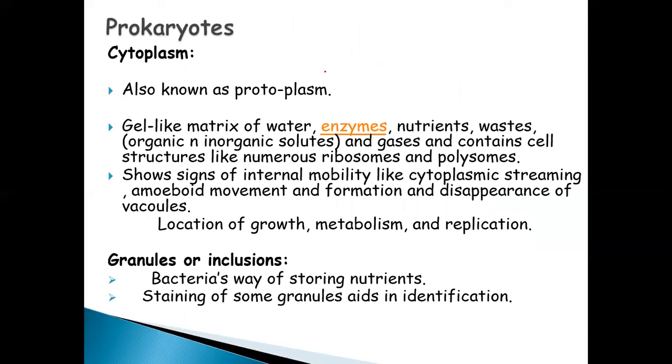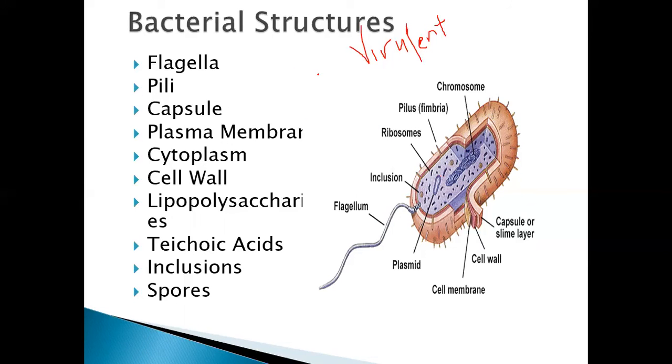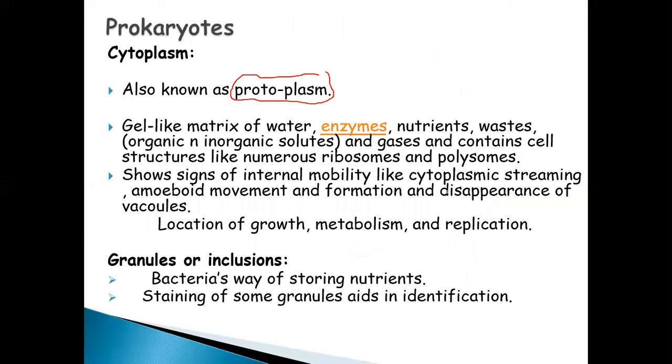These two words are used interchangeably, and it is this jelly-like, gel-like matrix, and it is the site where metabolic reactions occur, both anabolic and catabolic reactions, that play an integral role in the cell's survival, right?